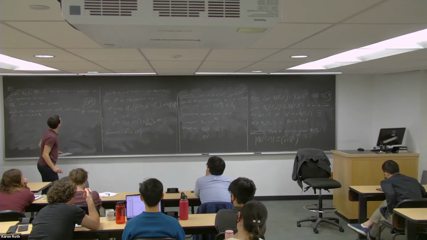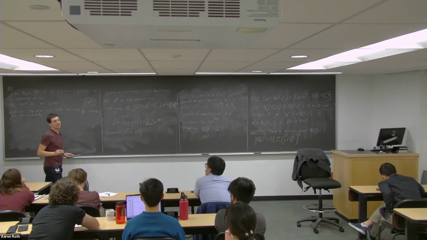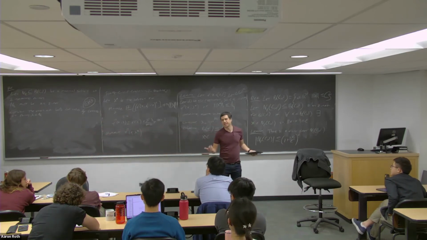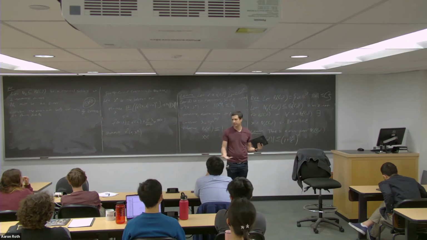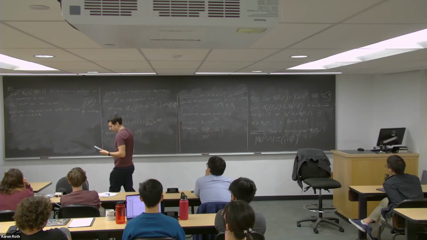Okay. So I can draw these balls and they're disjoint, which means if I look at the volume of all of these balls, it is just the sum of the volume of each of these balls. I don't have to worry about subtracting off the intersections because there are no intersections. Okay.